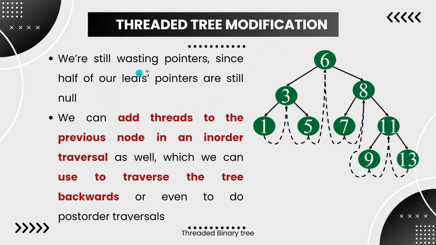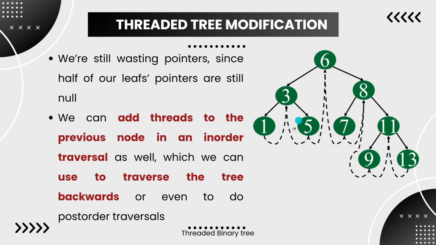So, instead of wasting pointers by storing null values, we just add threads, and we think that adding threads greatly simplifies or reduces the complexity when we perform an in order traversal and avoids backtracking.